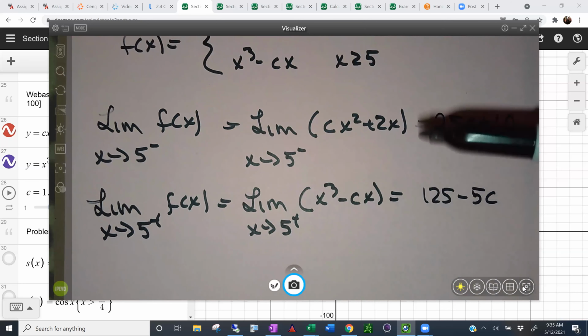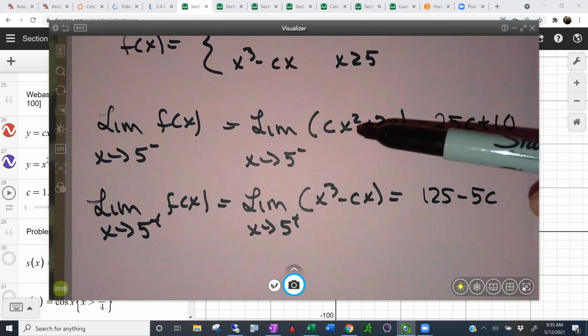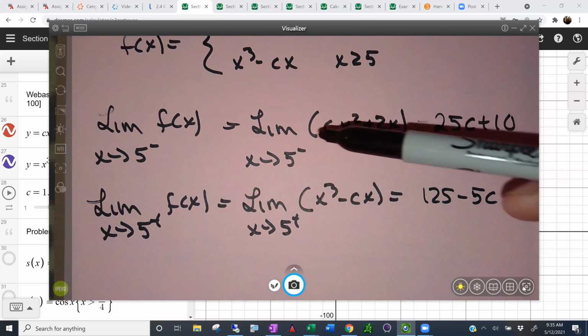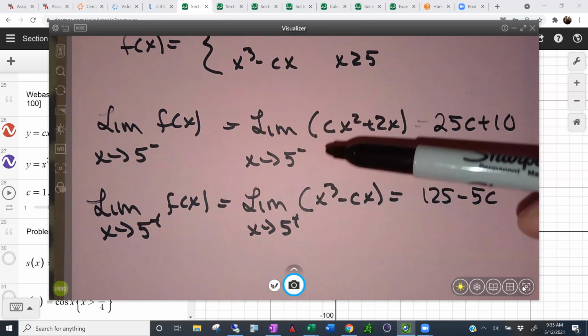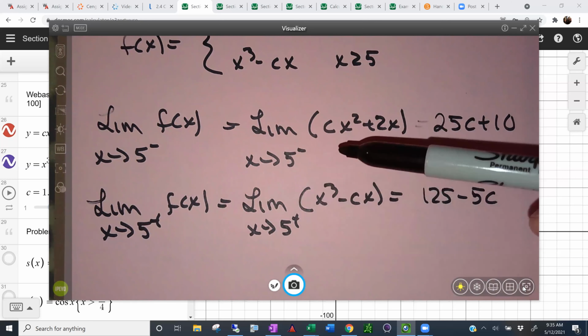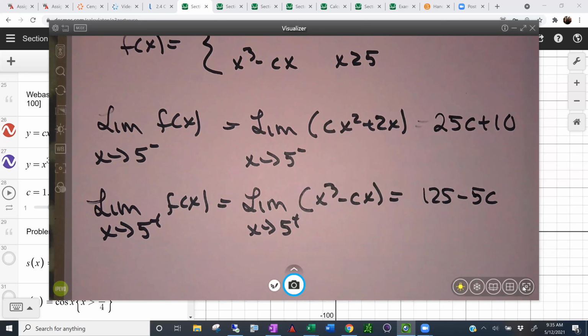But if this function is going to be continuous at a particular point, then the limit from the left and the limit from the right have to be equal at that point. So basically, these two things have to be equal in order for the limit to exist at that point. So let's take a look here.